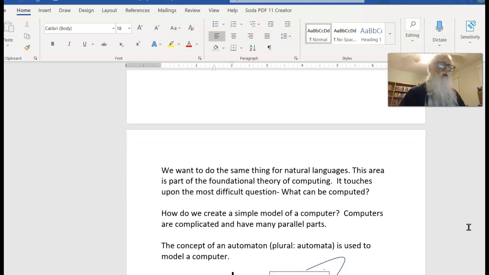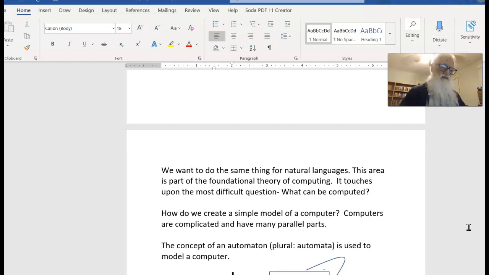So, how should we create a model? Models are not meant to be everything. We want the model to be simple. So we're going to take the pieces that are most important to us. We're not going to get into great details.